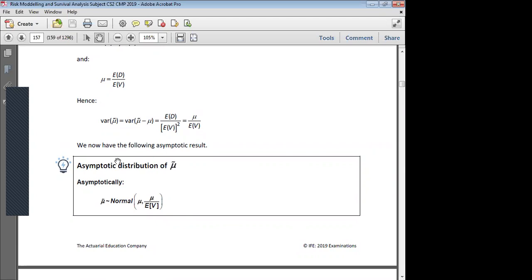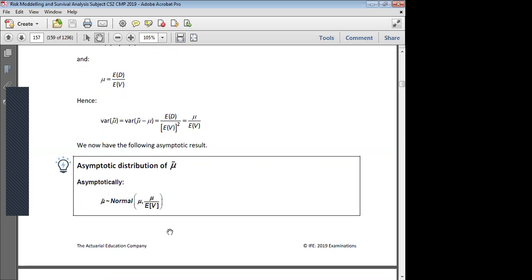So this was all done just to derive this particular thing: my mu tilde follows a normal distribution with mean mu and variance mu upon expectation of V. You can see the variance of your transition rate depends on, one, its actual value, and two, the expected number of times you will be observed.